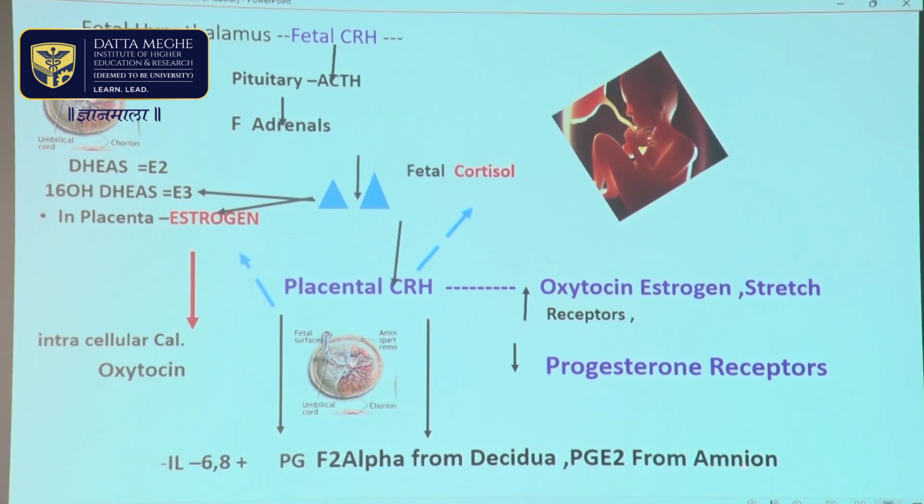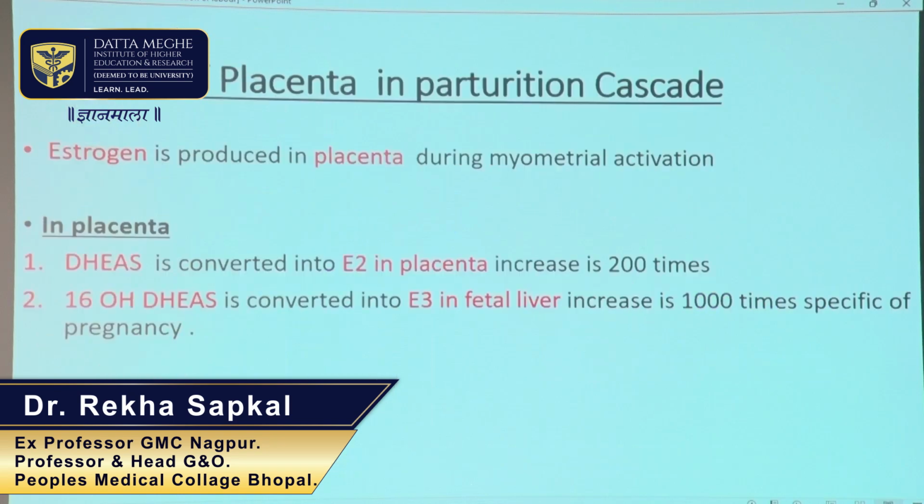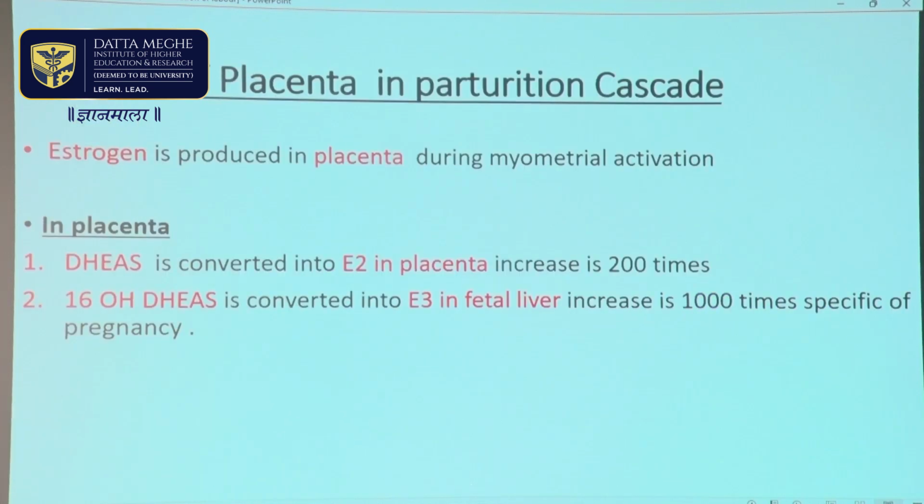These uterotonics, oxytocin, increase the intracellular level of calcium, and it helps for the stimulation and contraction of the myometrial cells. Oxytocin helps. Estrogen, we understood, is produced by the placenta.